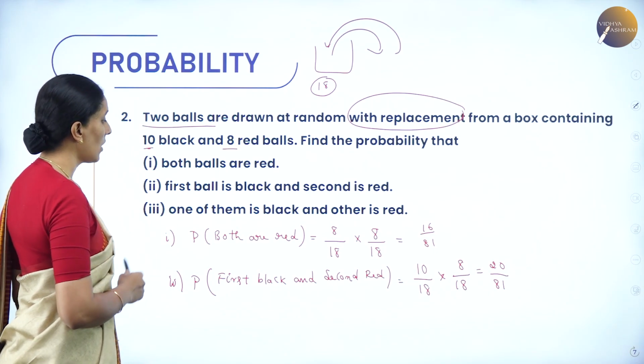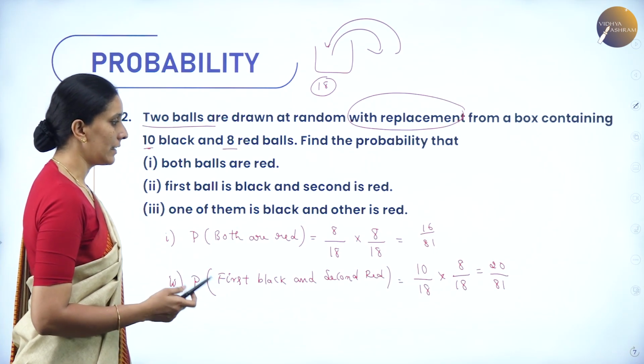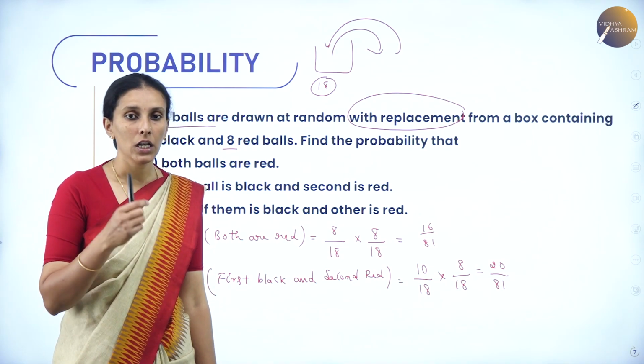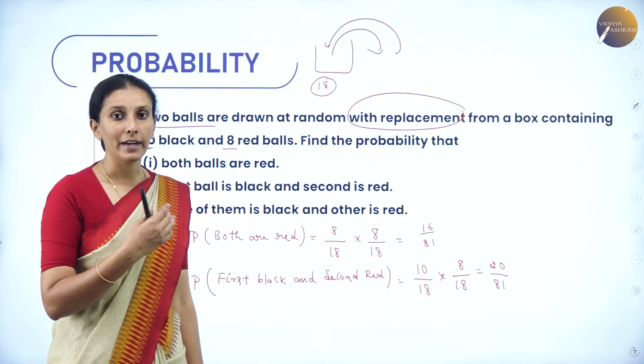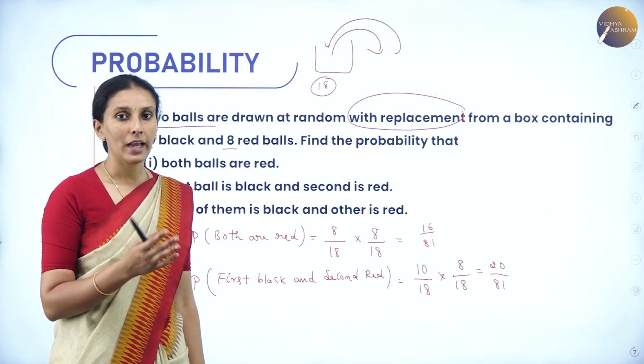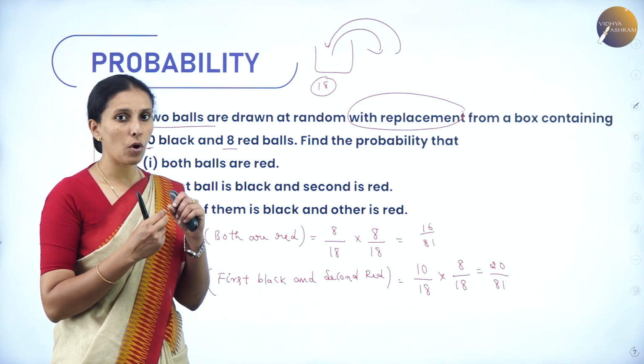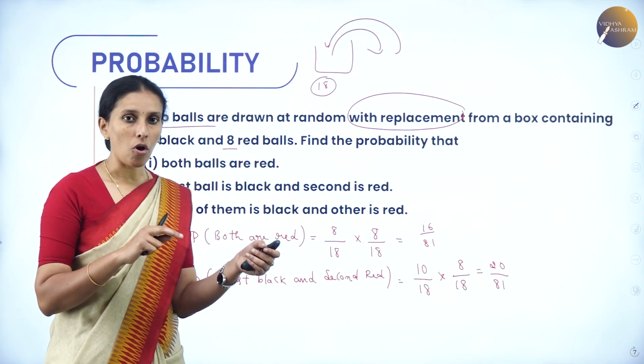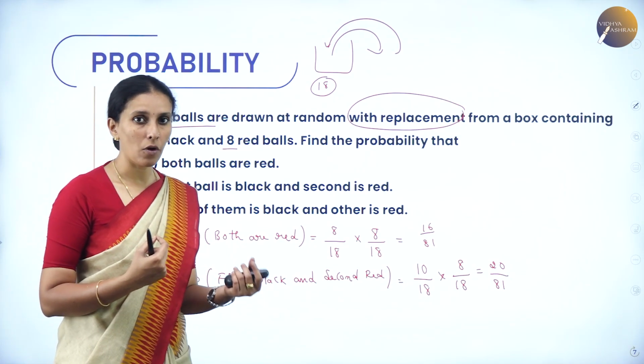Next, the third says one of them is black and the other is red. They have not specified here that the first one has to be black and the second one has to be red, so it can happen in any order. The first ball black, second ball red, or first ball red, second ball black.